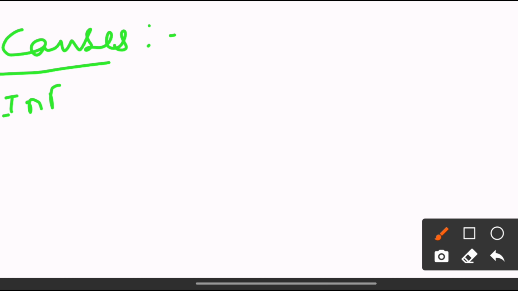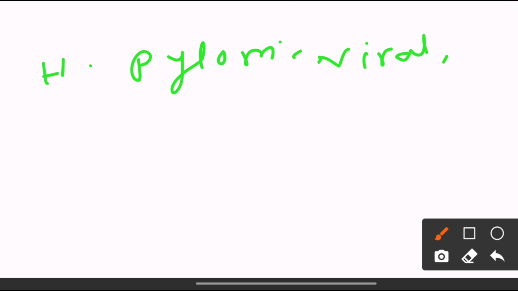Next, what are the causes of gastritis? Infection, like H. pylori, viral, fungal infection.